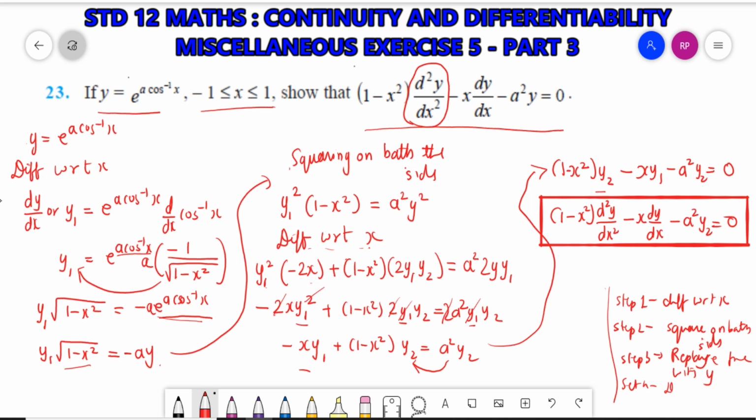Step 4: differentiate again. And step 5, if it is necessary, take 2y1 common. Okay, so these are some steps which will be common in this type of sum. Here we already replaced and then took the square. Sometimes if you don't want to take the square, you can directly replace the value without squaring also and differentiate it. Clear? So this was about question number 23.